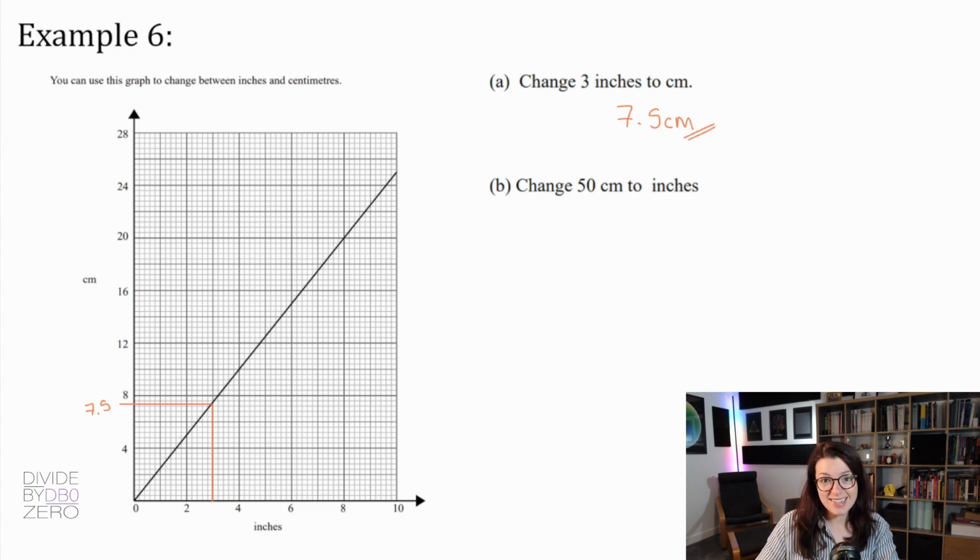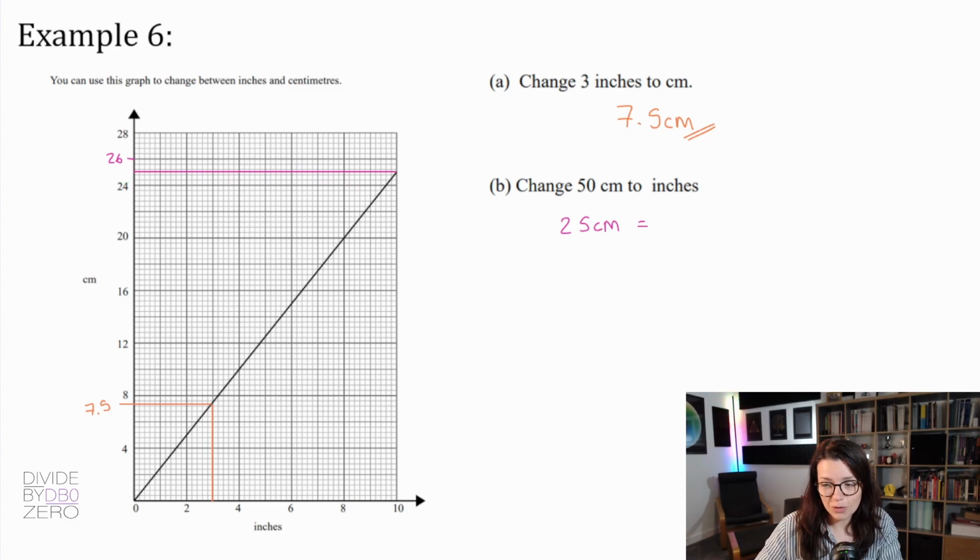Part B, change 50 centimeters to inches. Now 50 isn't actually on the graph, so we're going to have to find something on that centimeter scale to help us change up to 50. For example, if we can find 25 centimeters using the graph, then whatever we get in inches, we can just double it. So let's go to 25. So if we look at this graph, this appears to be 26 in between 24 and 28. So 25 will be halfway between 24 and 26.